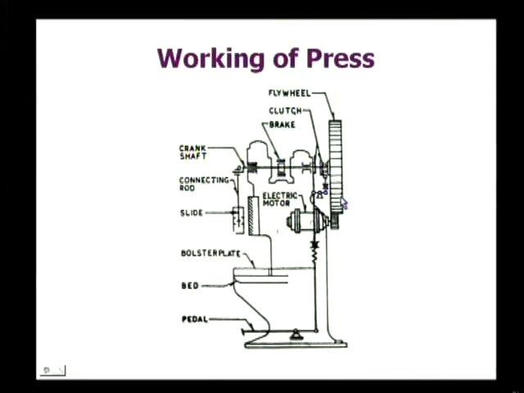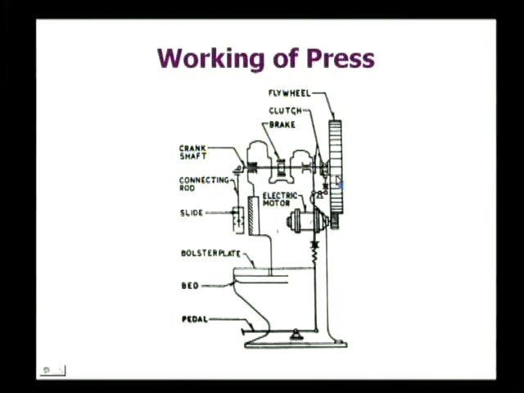The motor rotates the flywheel. As it rotates at a specific speed, it possesses a large amount of energy, and this energy is utilized for the press work operation. Here you can observe this is the crankshaft, this is the connecting rod and this is the slide. This is also called the ram.